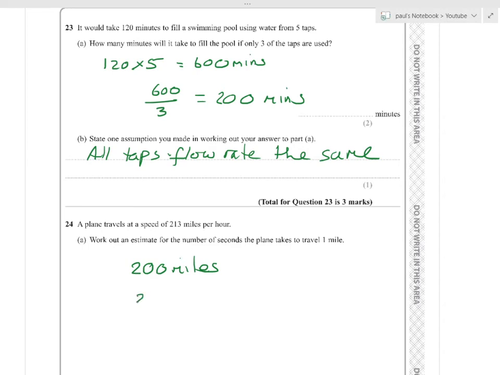213 miles an hour. So you've got 200 times 60 times 60. Yeah. 2 sixes are 12. 1, 2, 3 times 60. 72. 1, 2, 3, and add that one. 72 seconds. So that's going to take us.